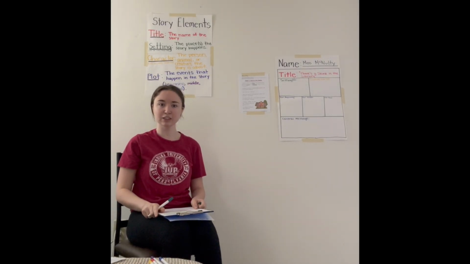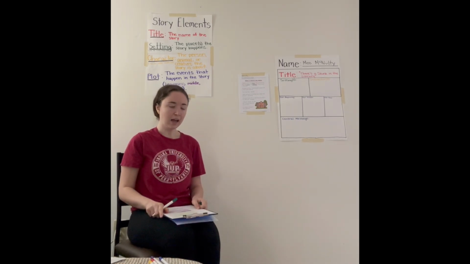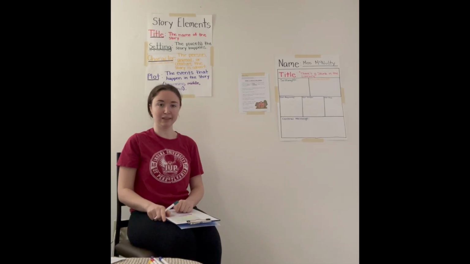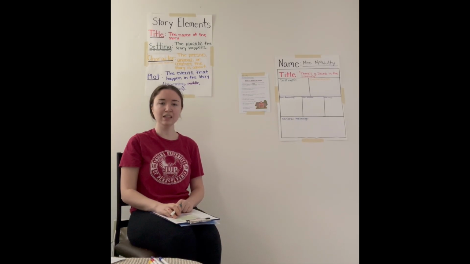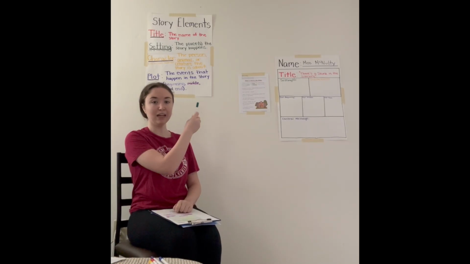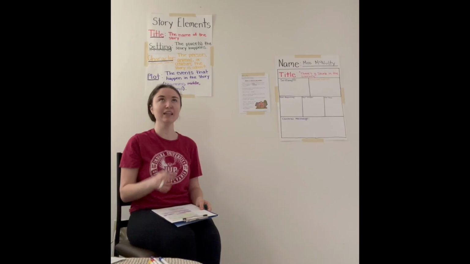Okay, boys and girls, that is all of the settings mentioned on the first page of our fable. After I underlined them with our green colored pencil, what do you think the next step is? Think about what we did when we found the title. Yes, we now need to write it. I now need to write it on our story map.